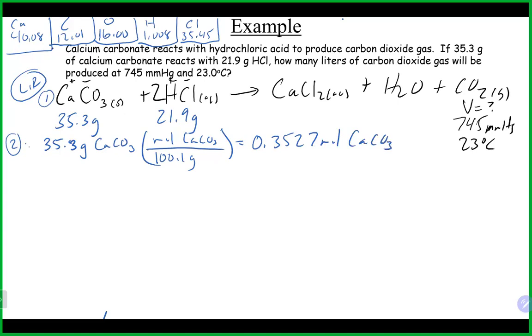We're going to do the same thing for our other reactant in this case. So we got 21.9 grams of HCl. For our HCl, it's basically add the hydrogen and chlorine together, 35.45 plus 1.008, 36.46 grams per mole.